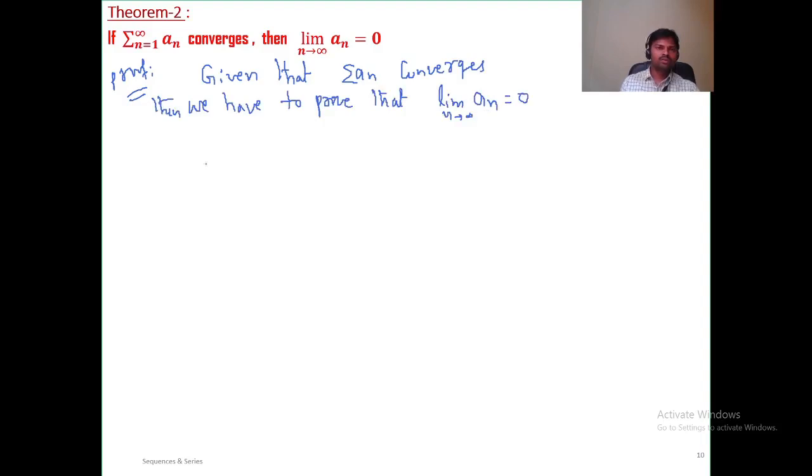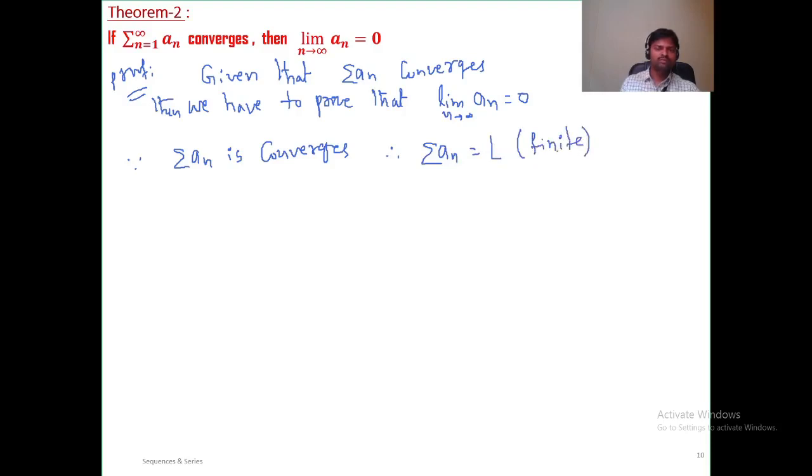Okay. So what is given? Series AN converges. So therefore, since series AN converges, series AN is equal to some L, let's say, because it is convergence, right, where L is finite number.